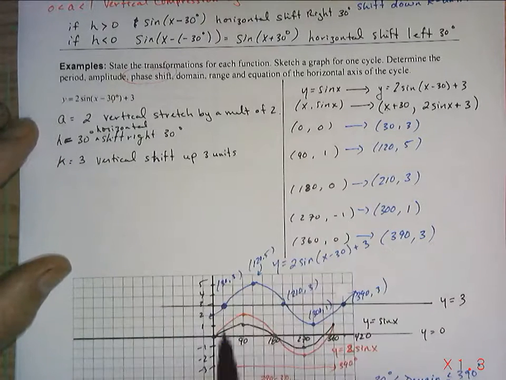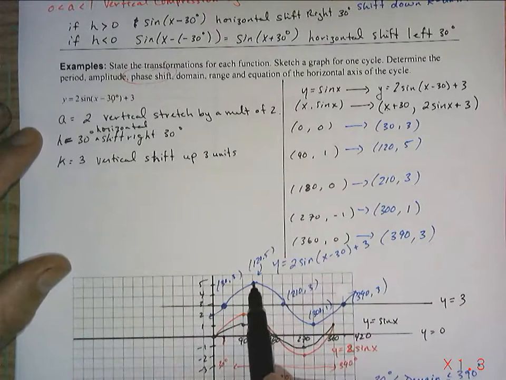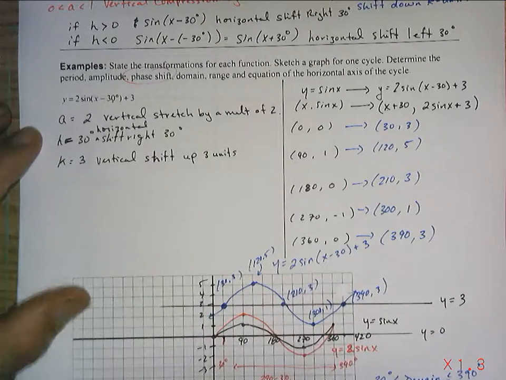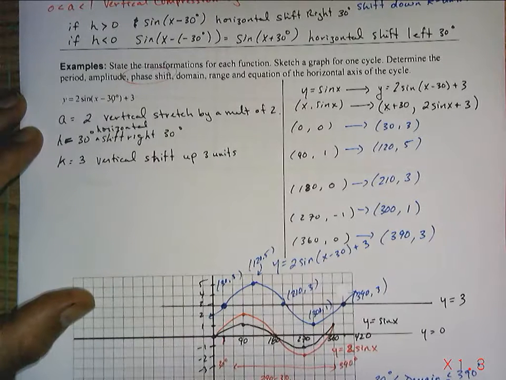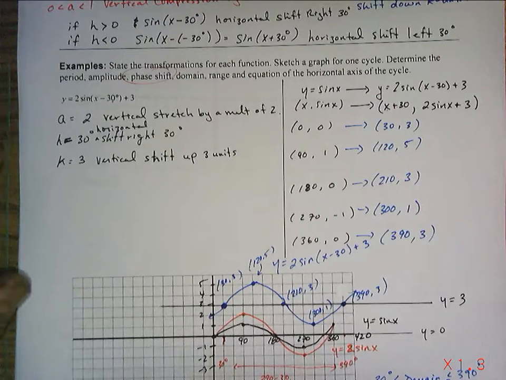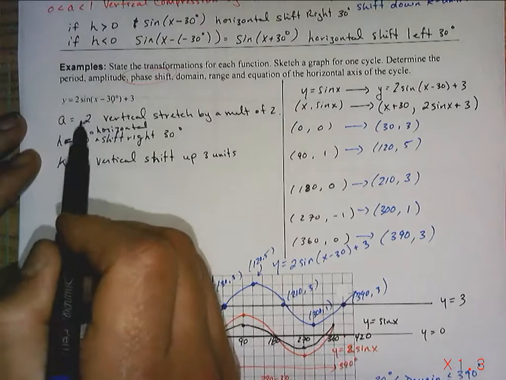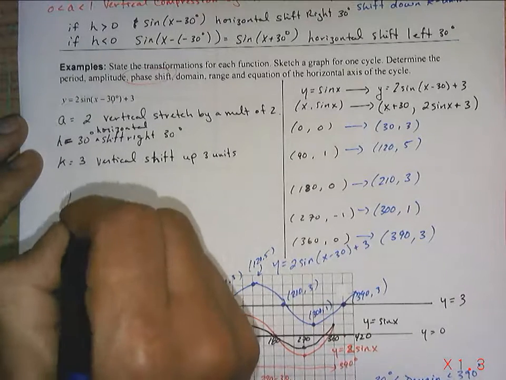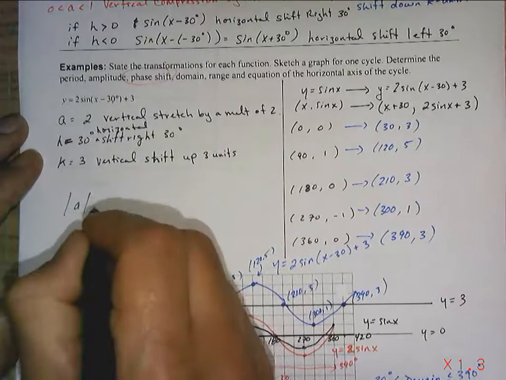The range is going to go up to 5 and it's going to go down to 1. So your range is between 5 and 1. And your amplitude, we should know. This a value gives you your amplitude always, the absolute value of the a value.